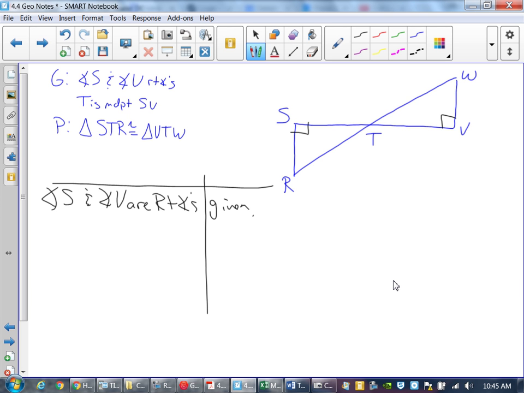Now, on your progression sheet, what do you know about right angles? They're congruent. So now I'm going to say that angle S is congruent to angle V because all right angles are congruent. T is a midpoint.